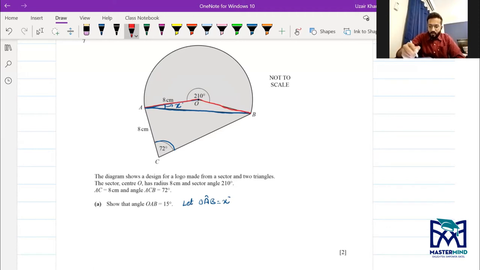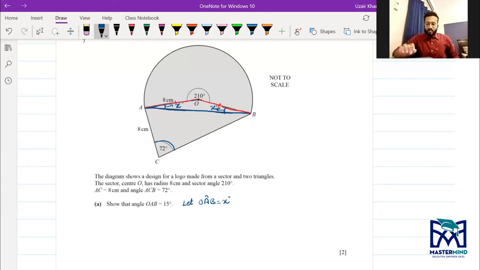So length OA and OB both happen to be the radii of this sector. Now what that means is that these two lengths are therefore equal, which makes triangle OAB an isosceles triangle. So therefore this angle right here will also be angle x. It will be the same as angle OAB.